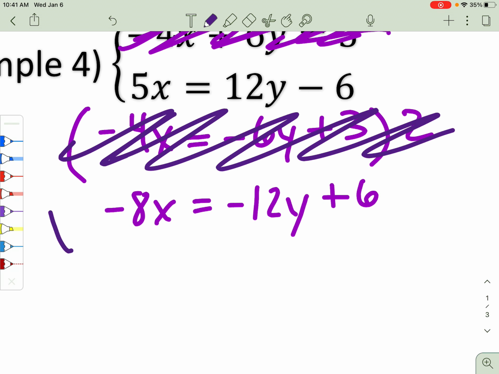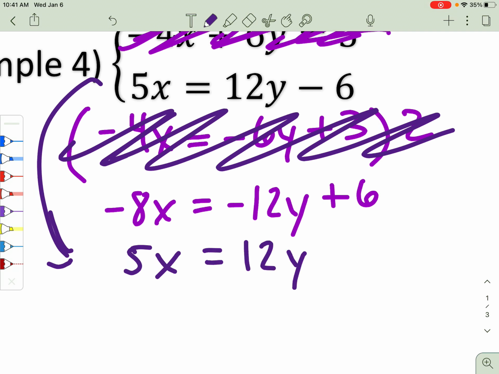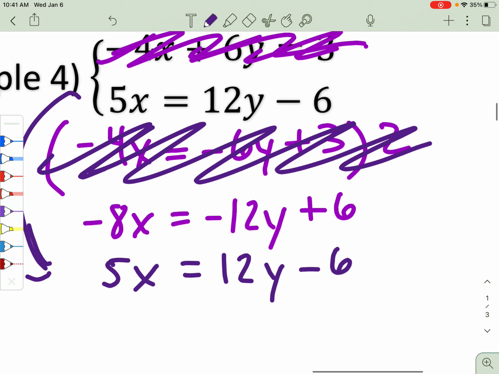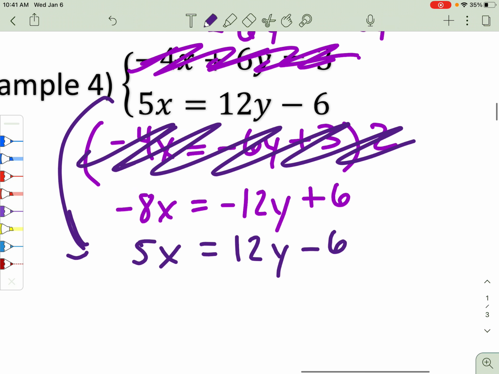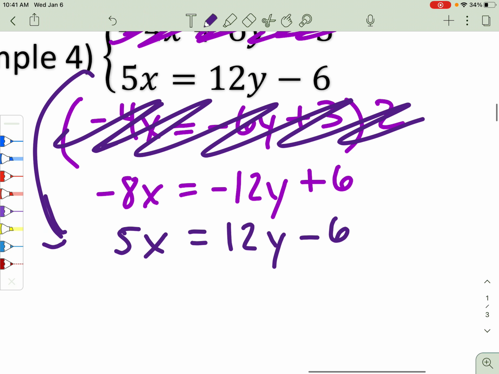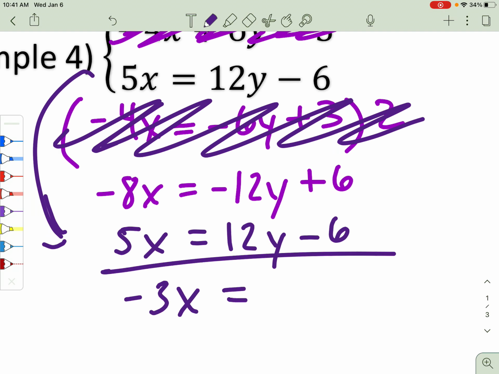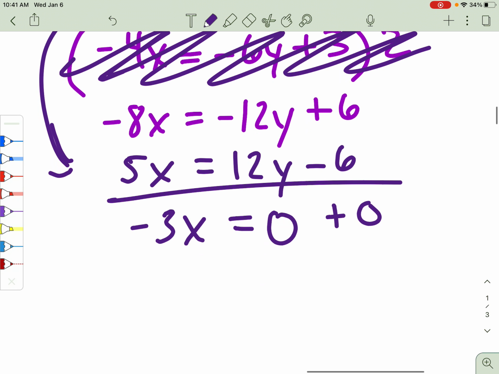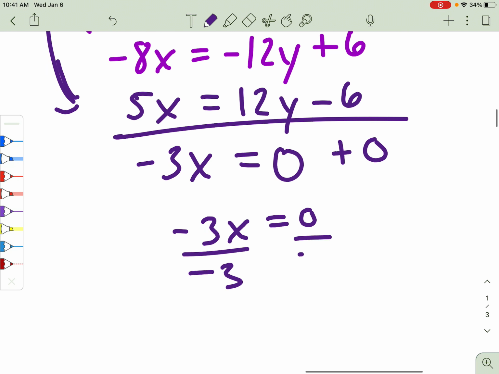And I'm going to bring this one down so it's right on top of it, that's all. So 5x equals 12y minus 6. So, all right. So I have negative 3x equals 0 plus 0. So negative 3x equals 0, which means when you divide by negative 3, x equals 0.